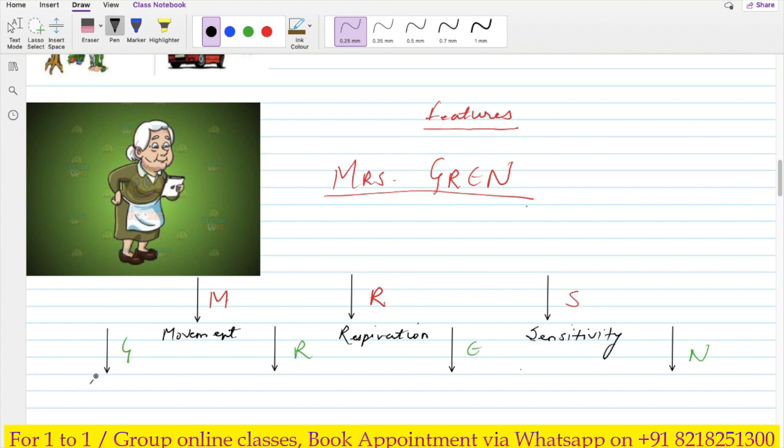G stands for growth. R stands for reproduction. E stands for excretion. Please don't mix it with ejection, that is poop. No, it's not the same. We'll discuss that as well. And N stands for nutrition.